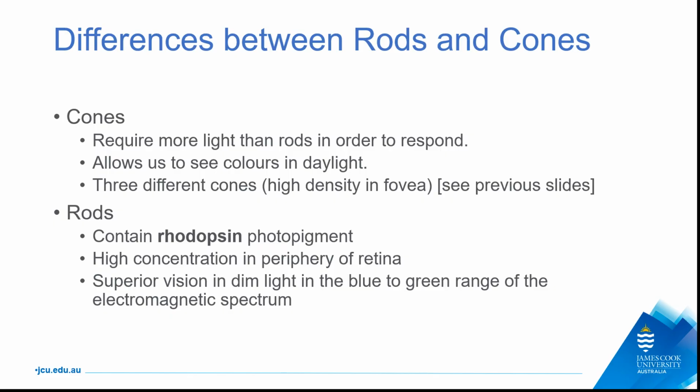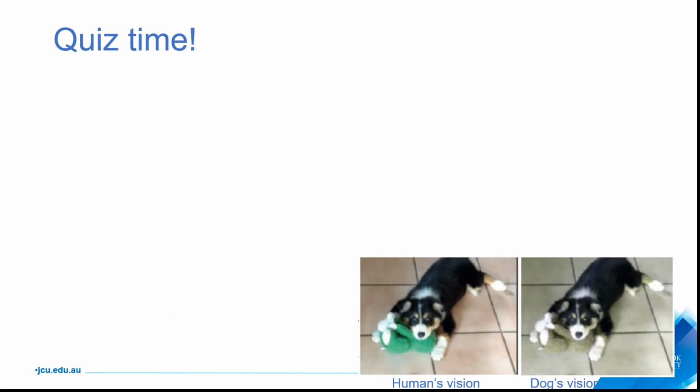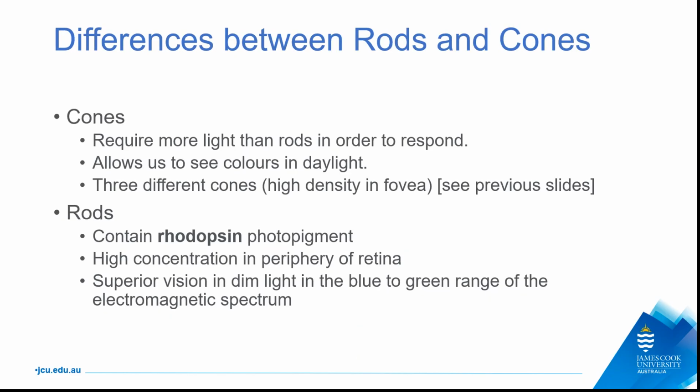All right, further information on the differences between rods and cones. Cones require more light than rods in order to respond. That's understood, so only during daytime, under bright light, can we see color. We have 3 different cones, as said in a previous slide, and they're found in high density in the fovea. For primates like us, we only have cones in the fovea.